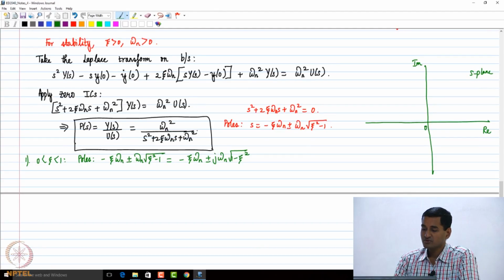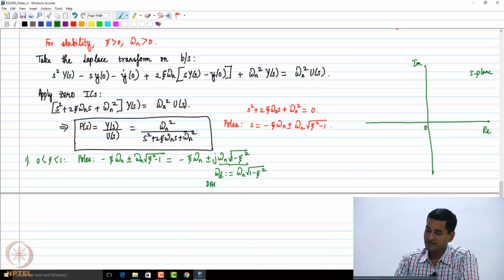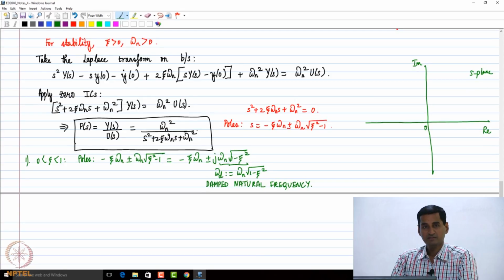So we can immediately see that this is a pair of complex conjugate poles, and typically this omega n times square root of 1 minus zeta squared is denoted as omega d, which is called the damped natural frequency. We will see why it's called damped natural frequency shortly, but that's what it's called. So omega n times square root of 1 minus zeta squared is omega d.